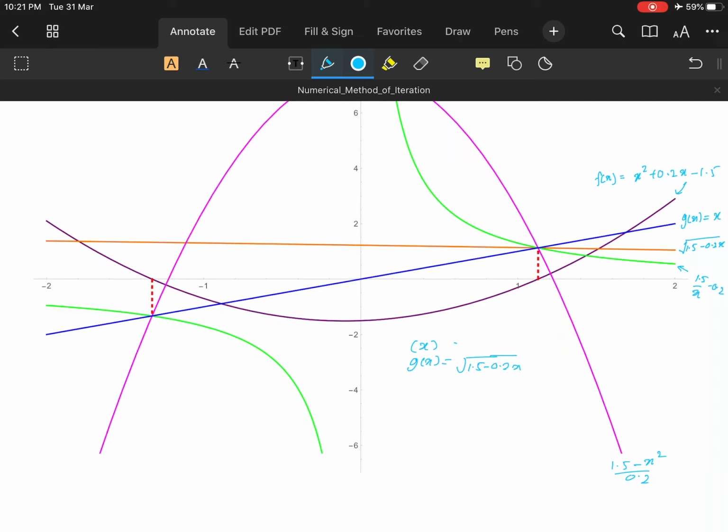As you know, when you have equality here, you can see that this line and this line actually meet at this point, right? And this point, if you see the red dotted line, is cutting through to this point, which is actually the root of the original equation.